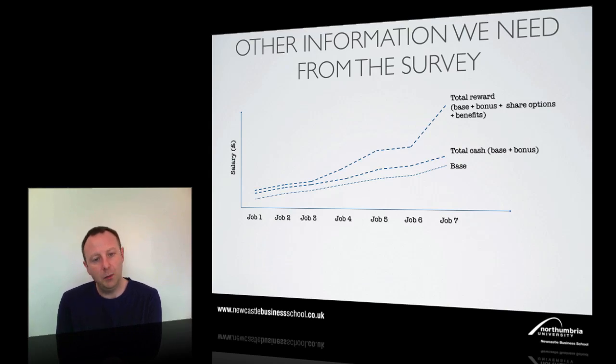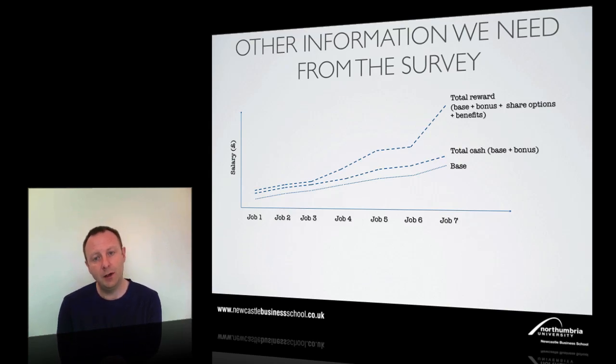Now here, not only are we getting a different level of rewards across the board, but we're seeing some real divergence. So once we get past, say, job 4 here in this example, we start to see that the impact of including share options and benefits in our market analysis tells us that the marketplace is very different to what it would look like simply based on total cash or even just on base pay.